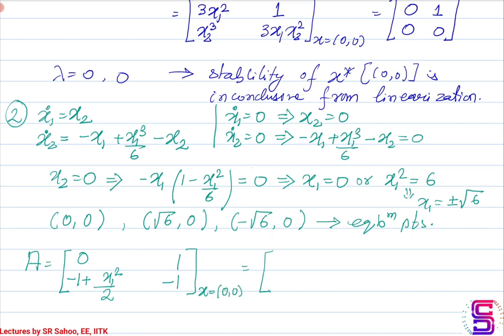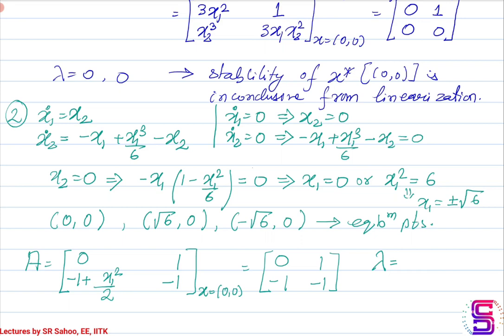So this gives me that this is 0, this is 1, this is minus 1, this is minus 1. So what are the eigenvalues that you get?